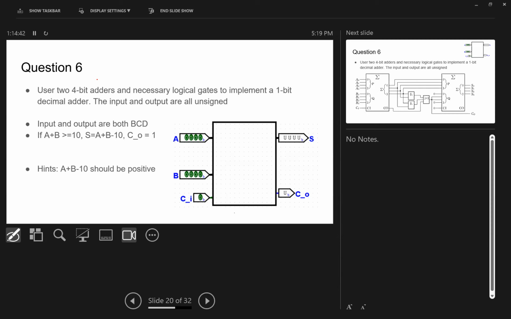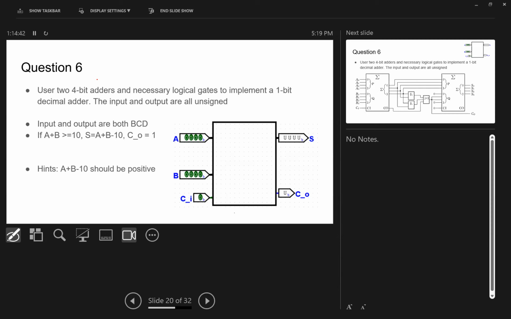And then we find that the control signal should be the relationship between A plus B and 10. So first we construct the control signal. And then we decide the relationship between the result and the control signal, right? And after getting that relationship, we can just finish our design. Is it clear?